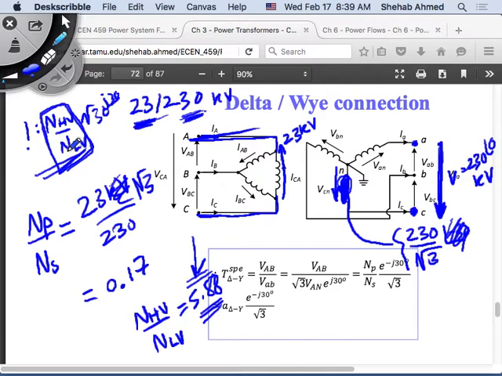If I'm telling you that the ratings of the single phase transformer are 23 to 230 kilovolts, then n high voltage over n low voltage is equal to 230 over 23, which is 10. But if I'm telling you that you have a delta star transformer with terminal voltages equal to 23 to 230, these are the terminal voltages of the delta star transformer. This is not what you need to plug in here.